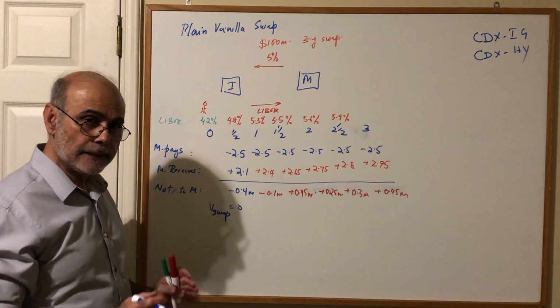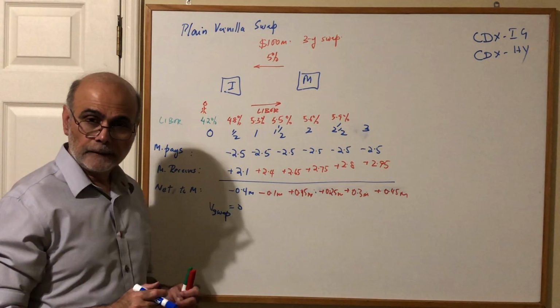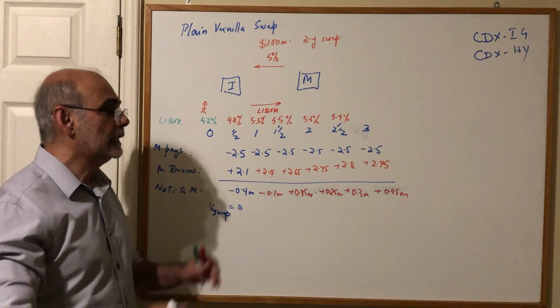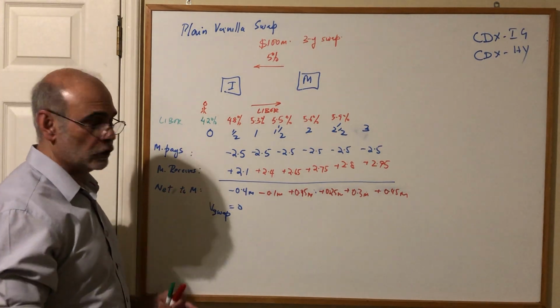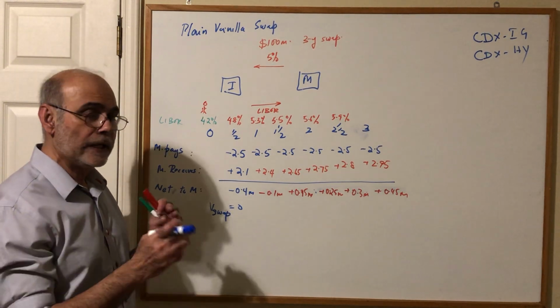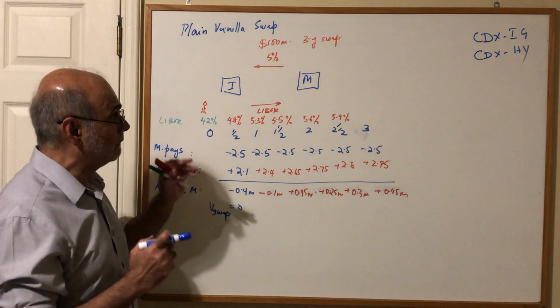The market consensus expectation must be that the LIBOR rate is currently, we've observed it to be 4.2%, and the market consensus expectation is sometime halfway between now and the end of 3 years, we're expecting the LIBOR rate to rise and rise above 5%.